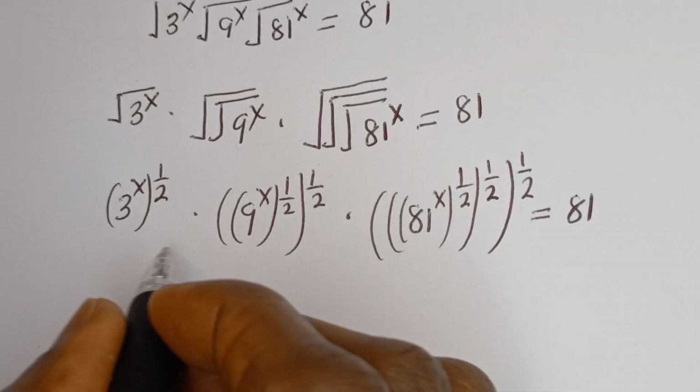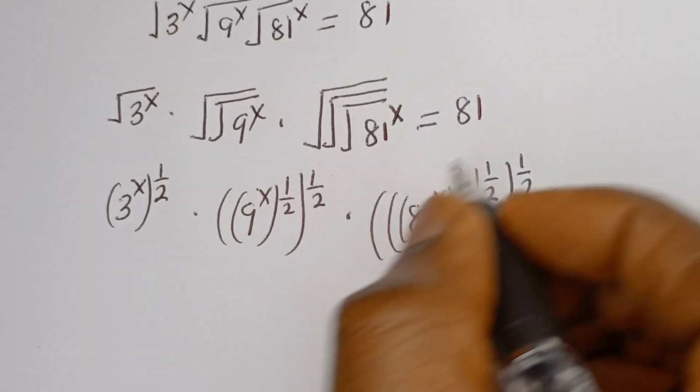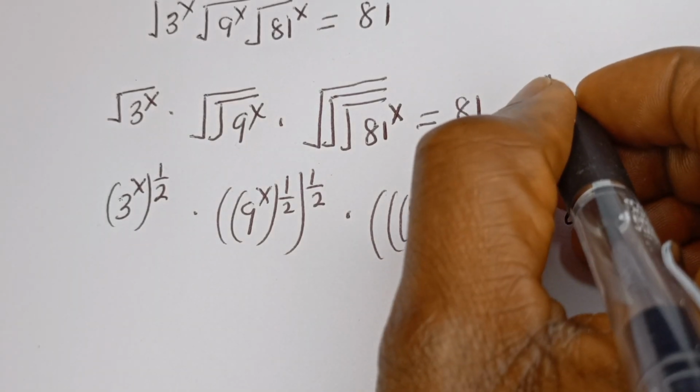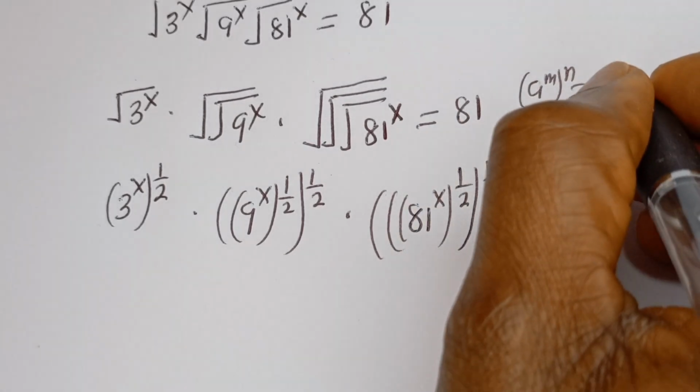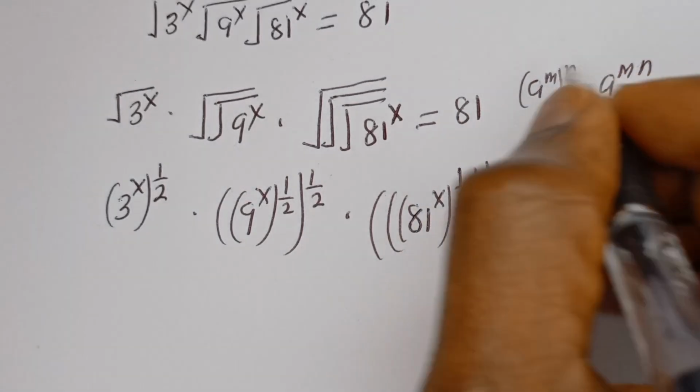Then take note of this, that if you have a to the power of m to the power of n is equal to a to the power of mn.